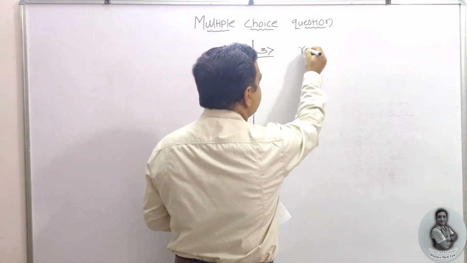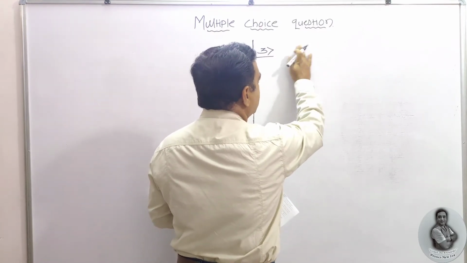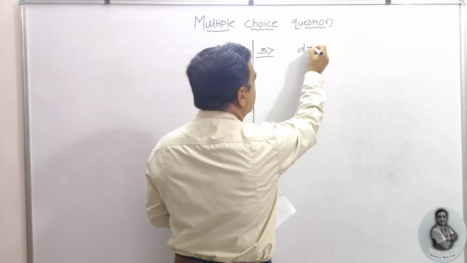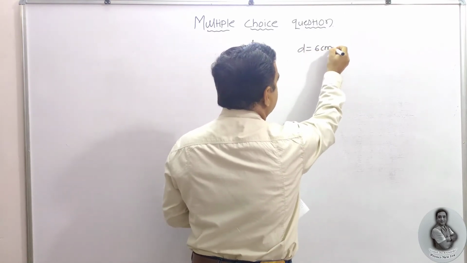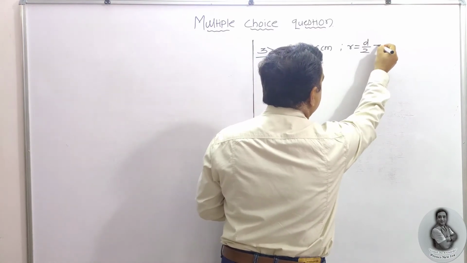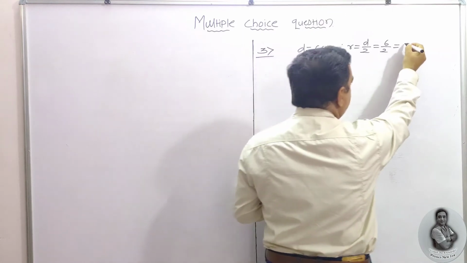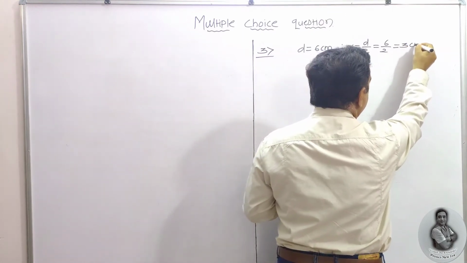Diameter is equal to 6 centimeter. So radius is equal to diameter upon 2. So it is 6 divided by 2, that comes out to be 3 centimeter.